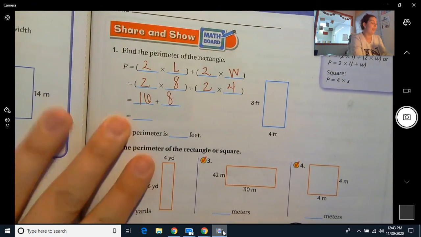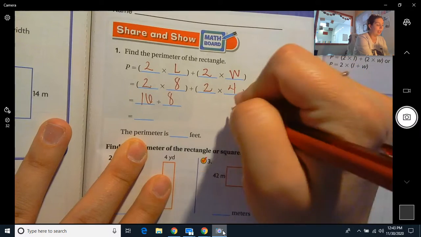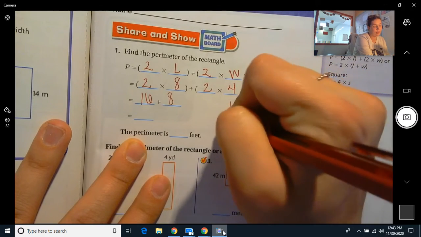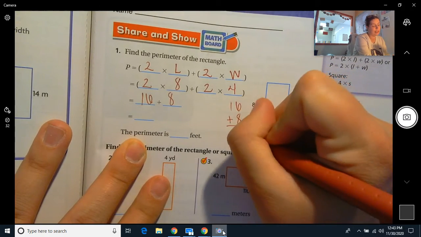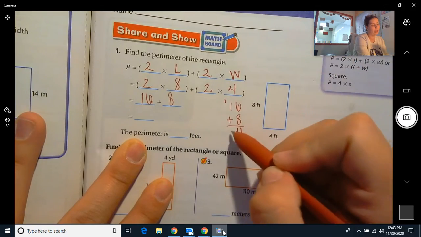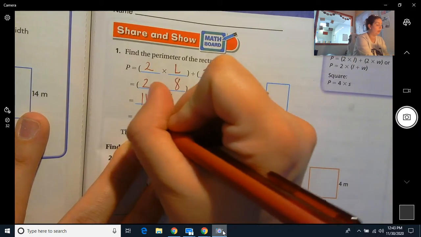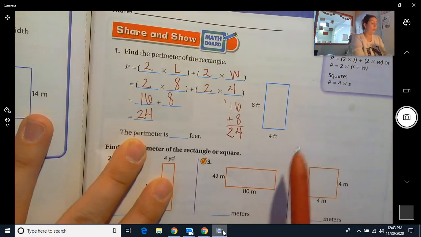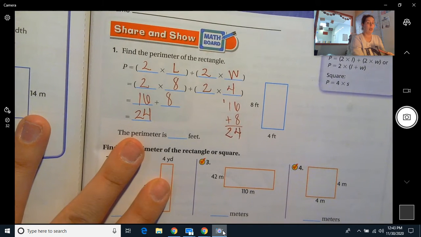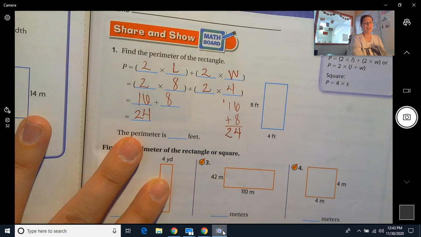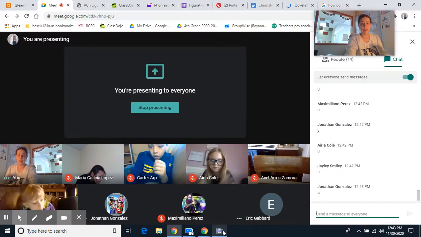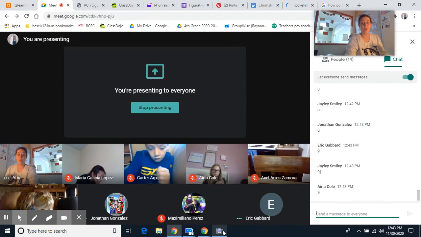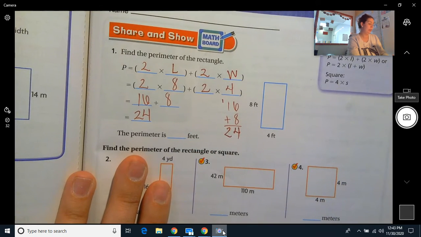24. Double check real quick. 6 plus 8 is 14. Carry my 1. 1 plus 1 is 2. 24. Now, what should be my label? If you would like to comment, I need you to put the number 9 in the chat. Carter Earp, what's my label?